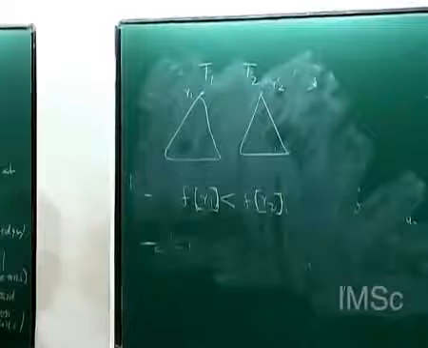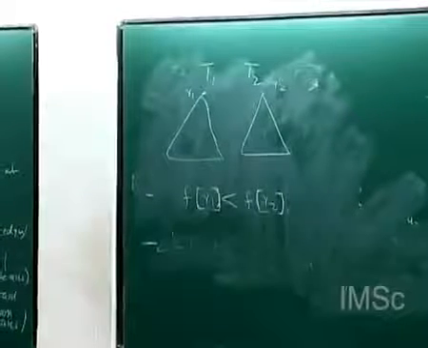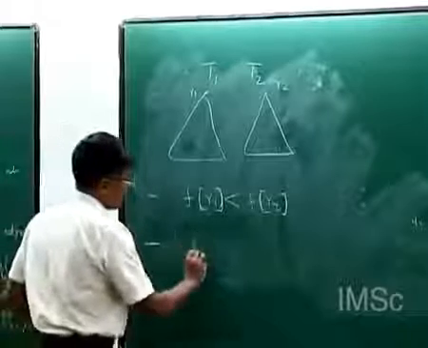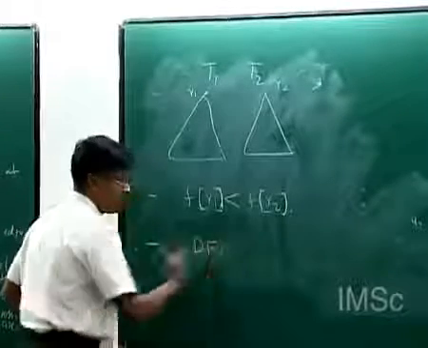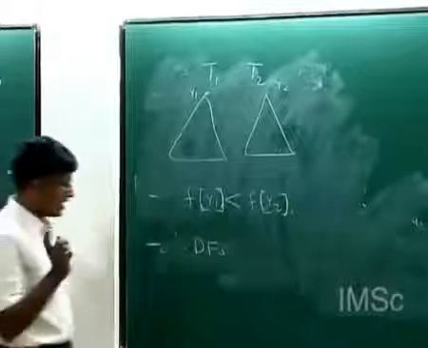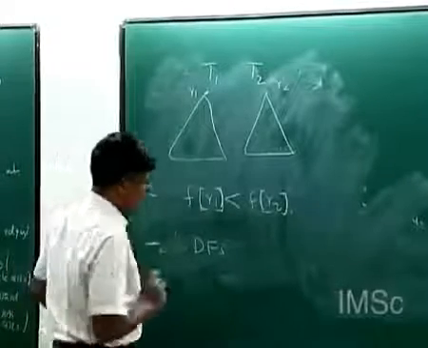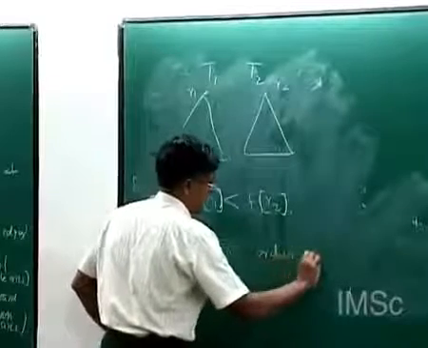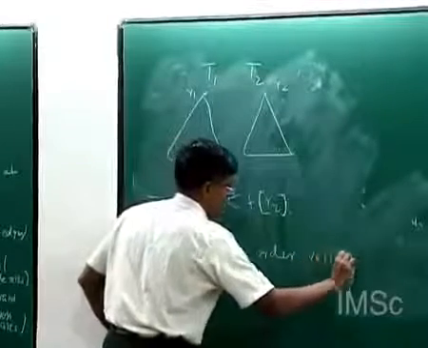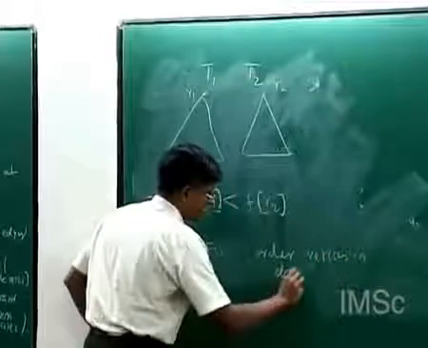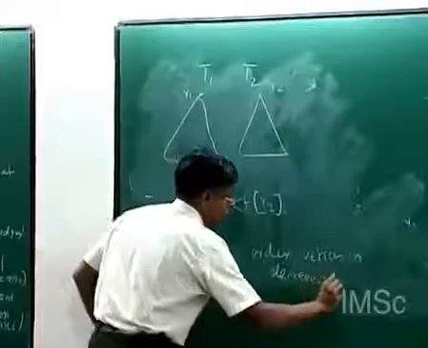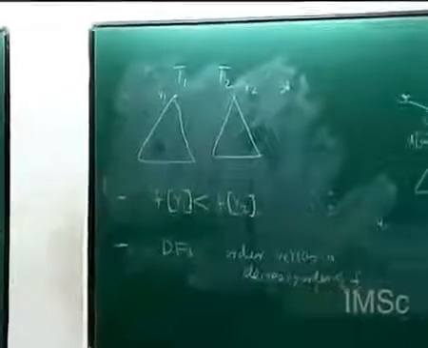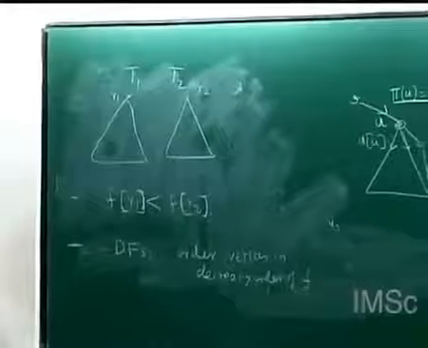Now here is the modified algorithm. DFS again, and in the outer iteration, let us do exactly what one of our friends here suggested. Order vertices in decreasing order of finishing time, decreasing order of f, and in which graph?